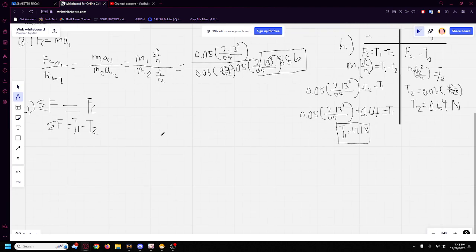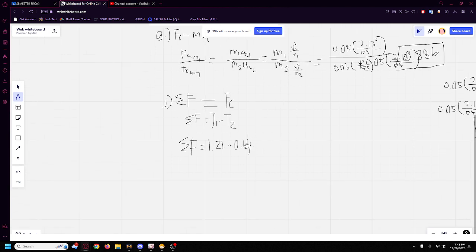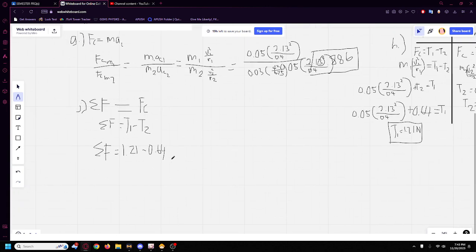We know the values for T1 and T2, so it'll be 1.21 minus 0.64. And when you subtract them, you should get about 0.57 newtons.